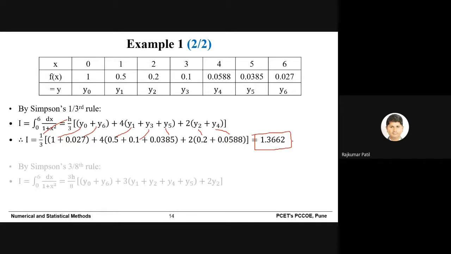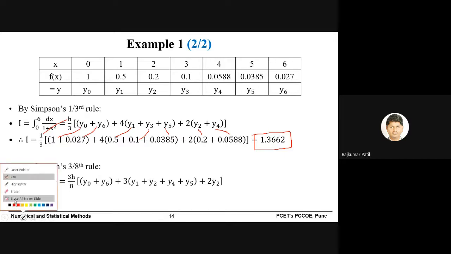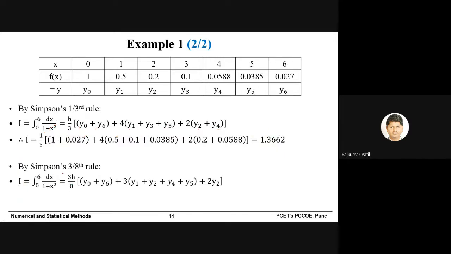Upon simplification you will get the integration using Simpson's 1/3 rule as 1.3662. Similarly, we write the formula for Simpson's 3/8 rule, where the first term is 3h by 8 into a bracket.